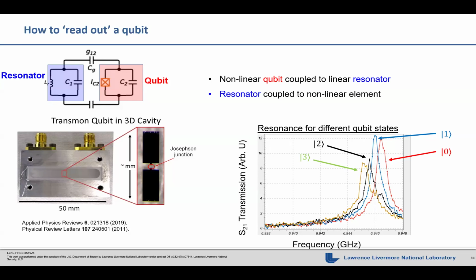If my qubit is in the 0 state, if I have no photons in my qubit, then I have the rightmost curve. If I have 1 photon in my qubit, I've changed the period of oscillation of the Josephson junction. I've changed its properties, so its inductance is effectively changing a bit, and then my readout resonator changes. So when I measure a qubit, my goal is to figure out what is the frequency of the readout resonator.